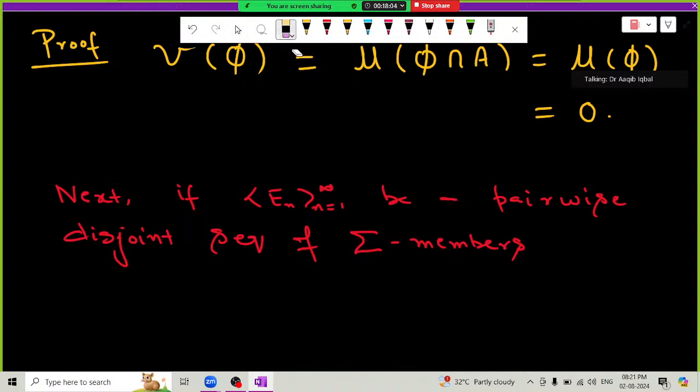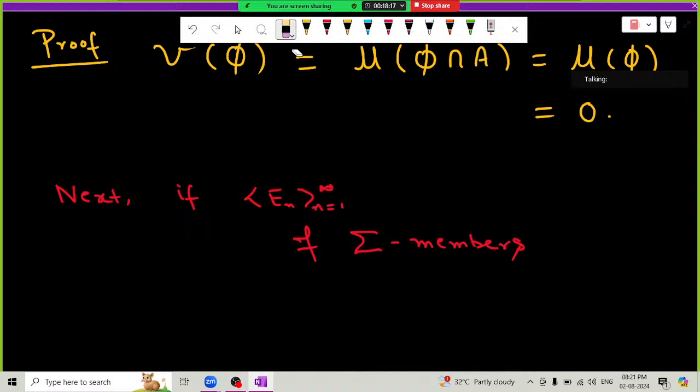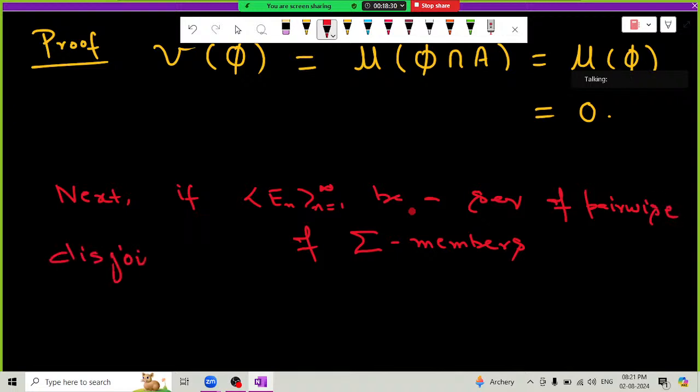That is better. आप लिखेंगे if this be a sequence of pairwise disjoint capital sigma members, we'll write this.